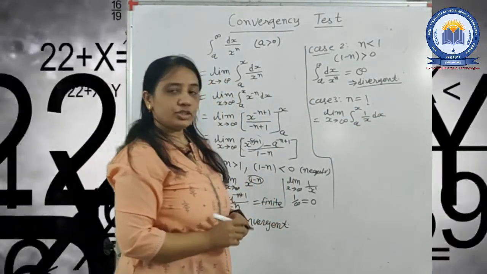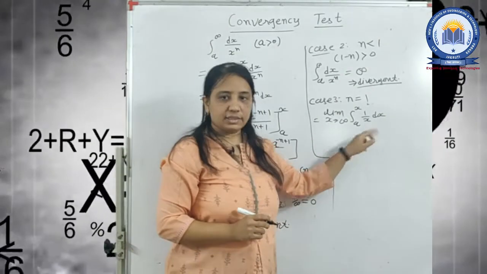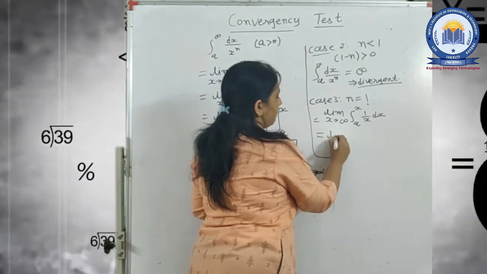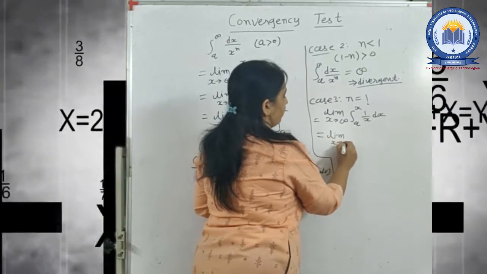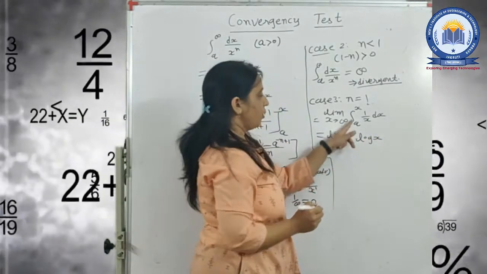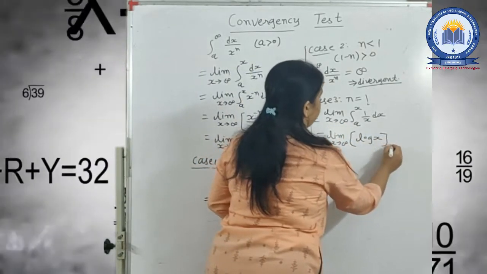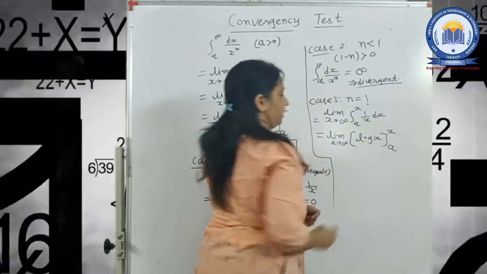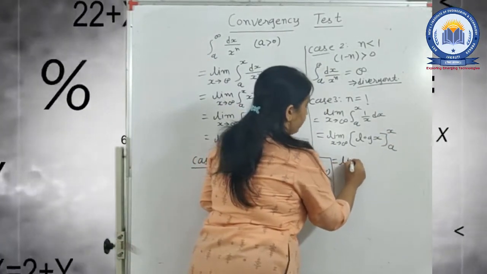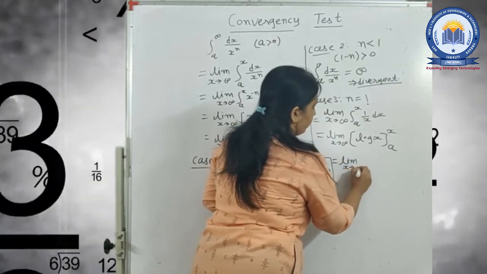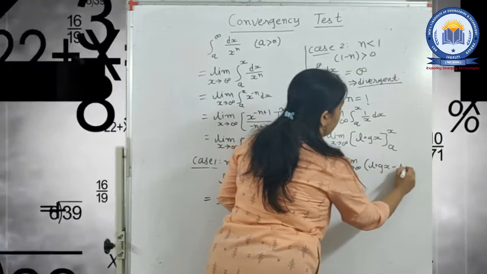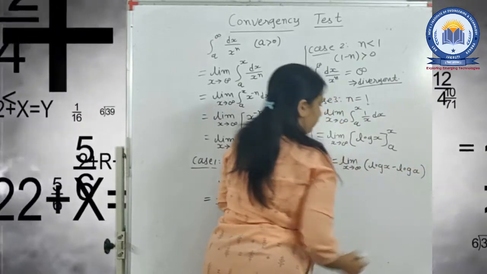Now the integration of 1 upon x is log x. So it is limit x tends to infinity of log x with the boundary a to x, which can be rewritten as limit x tends to infinity log x minus log a.